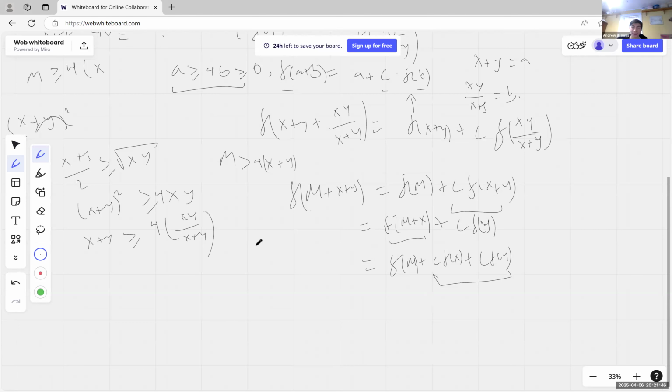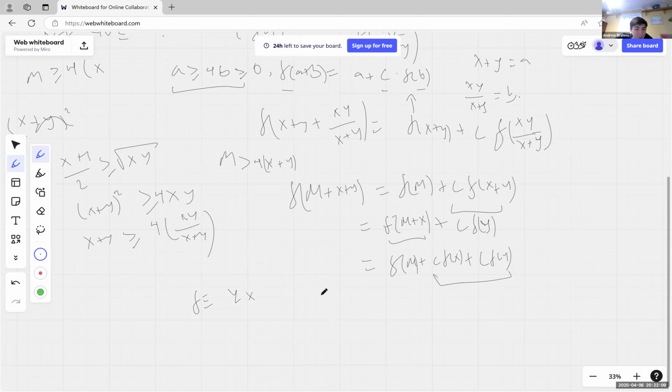Now, obviously, you're not done from here. You have to show that the only value of k for f of x equal to kx is k equals 1. But this is not very difficult to show once you have this, because you can just plug it back into the original equation.